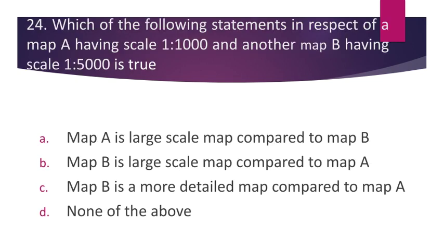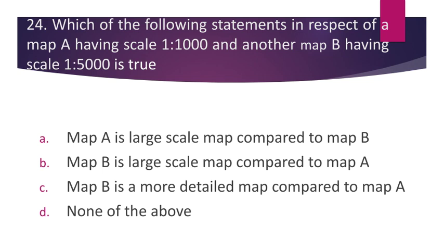Question number 24. Which of the following statements in respect of a map A having scale 1:1000 and another map B having scale 1:5000 is true? Options: A, map A is large scale map as compared to map B. Option B, map B is large scale map as compared to map A. Option C, map B is a more detailed map as compared to map A. Option D, none of the above.